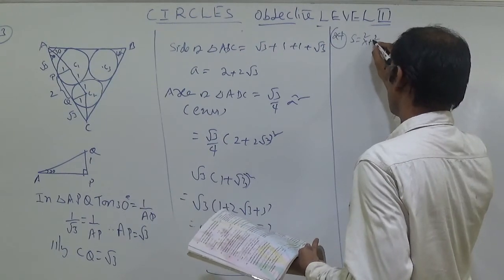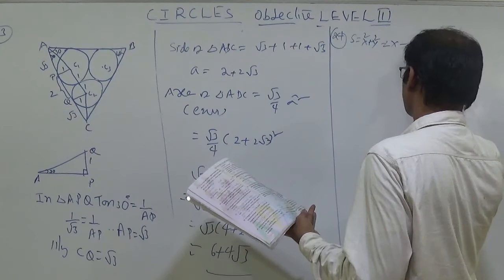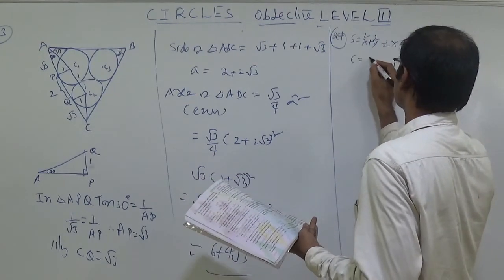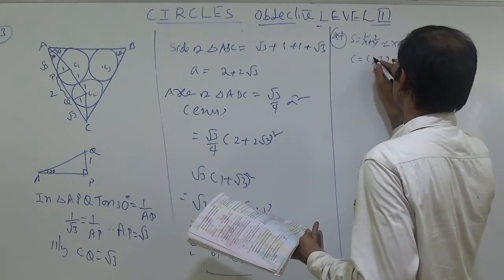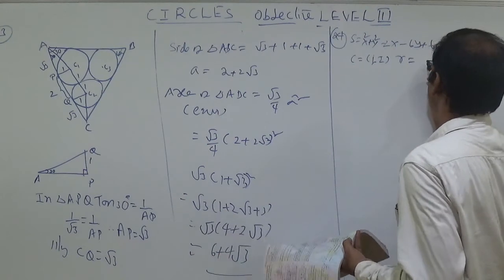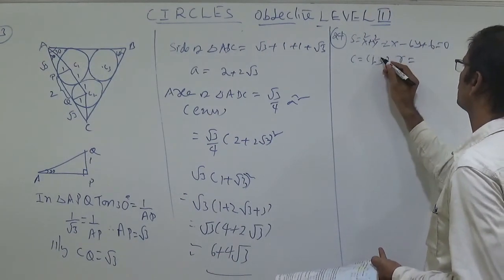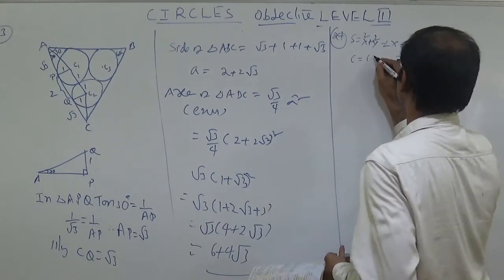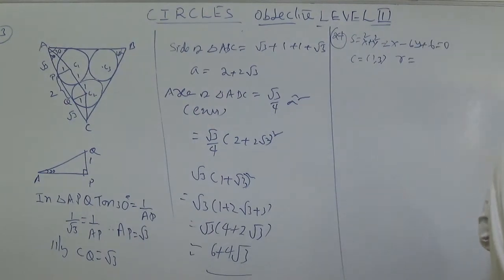I am writing circle equation x square plus y square minus 2x minus 6y plus 6 equal to 0. Center is equal to 1 comma 3 and r is equal to root of 1 plus 9 minus 6.